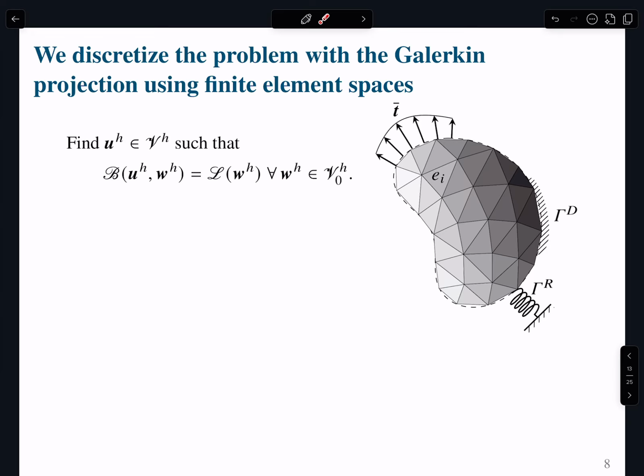The largest element. And we're going to talk about that in 2 lectures from now, right? Convergence. We're going to look at that. So our statement, as you see here, is the same. I just have replaced u by u_h and w by w_h.